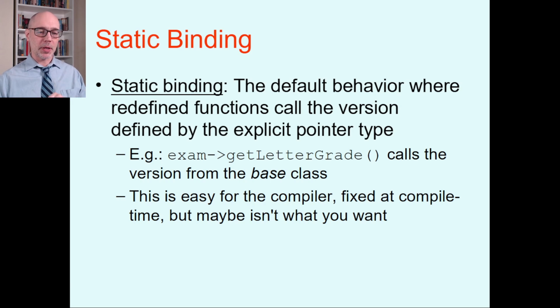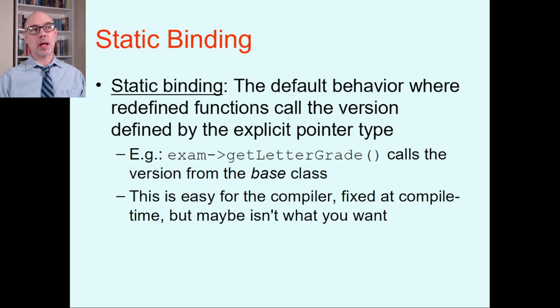So if you take that exam pointer, using the arrow syntax, and call the getLetterGrade function, well, exam was explicitly defined at the outset as a graded activity pointer, the parent class. And therefore, what would normally happen is you would call the graded activity parent class version of that function. So static binding calls whatever the pointer type actually is, the parent class.